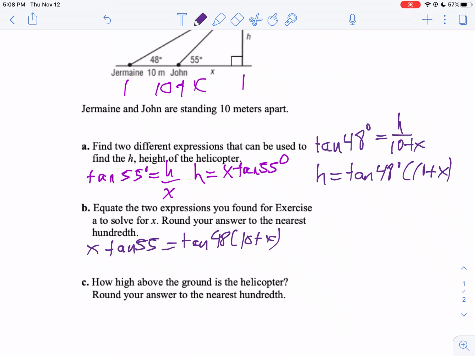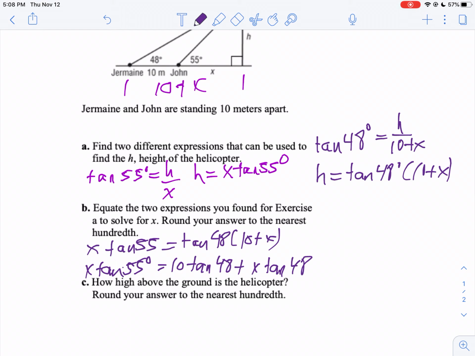Well, let's distribute. So we're going to get x times the tangent of 55 equals 10 times the tangent of 48 plus x times the tangent of 48.